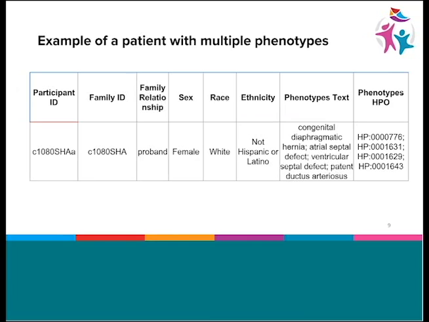So here you have the system ID, a family ID related to that person, their family relationship, in this case a proband, female, white, not Hispanic or Latino, and she has several different birth defects. So these data would then be deposited into Kids First, so that anyone who wanted to study anybody with, for example, congenital diaphragmatic hernia would be able to easily find that person either through a text search or a search on the HPO term.